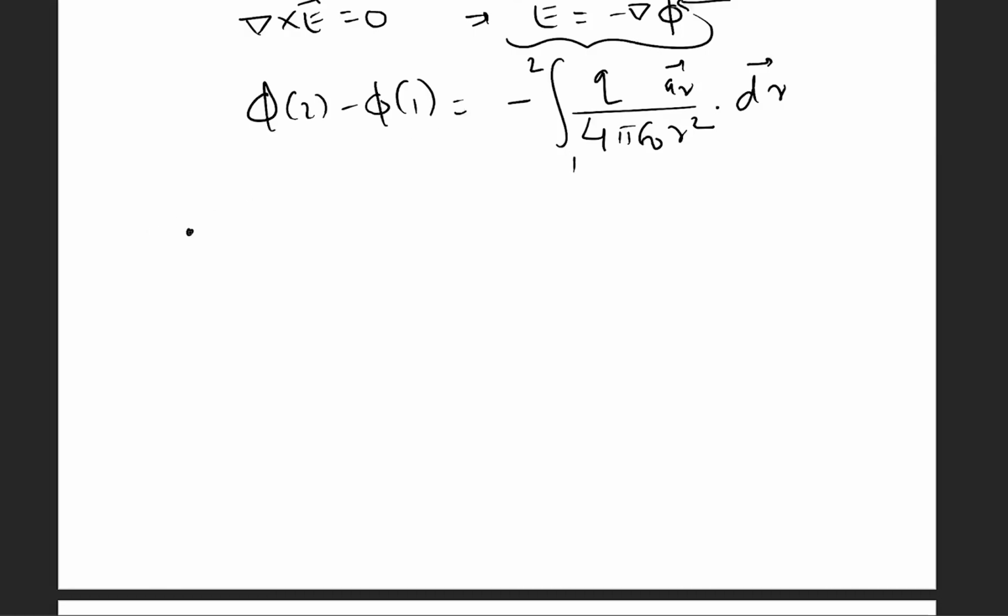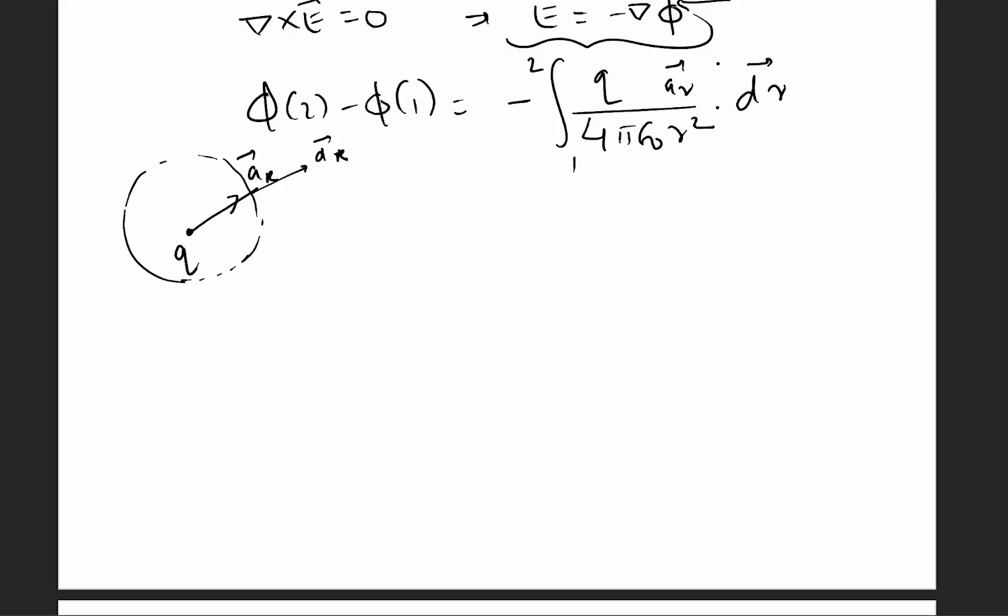So if this point charge Q is considered at the origin, it will create a field radially, so the electric field will be in the direction of AR only, and the direction of movement is, let us say, dr only. So this is what we are trying to show here.